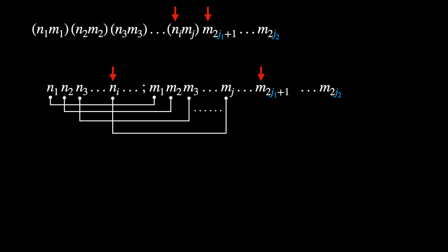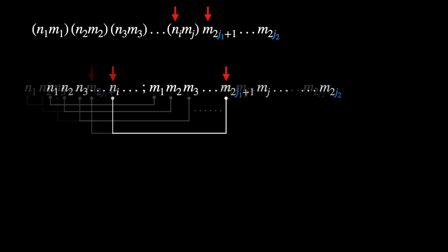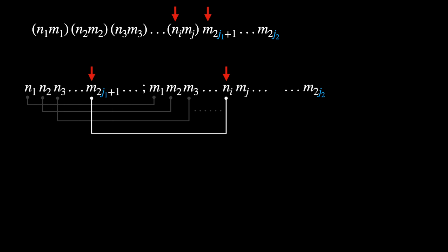We do this by moving m2j1 plus 1 into the position of mj using symmetry, then crossing the bridge to where ni is. Using symmetry on the same side again, we can move ni to the position where m2j1 plus 1 used to be.